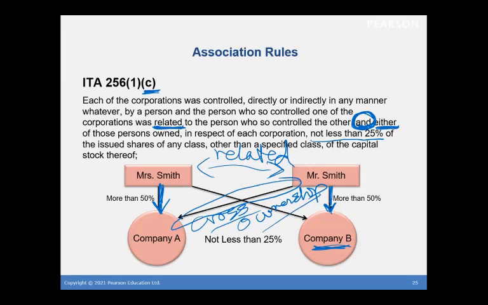So this can become very important in tax planning for how you're going to set up your companies. If there's a related group of companies, or people who are related that are going to have different companies, you want to be careful of what you might do in that setup that's going to have you fall into these rules.